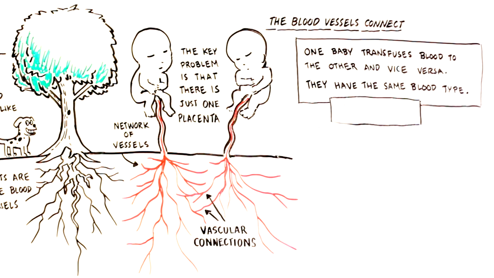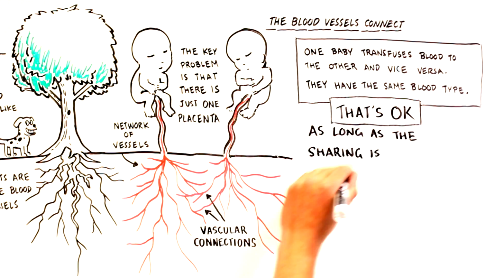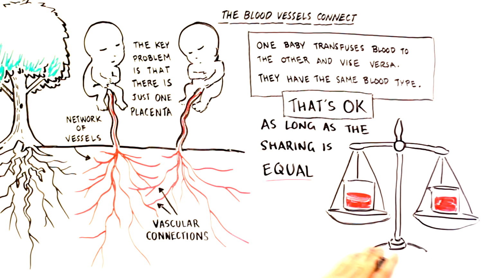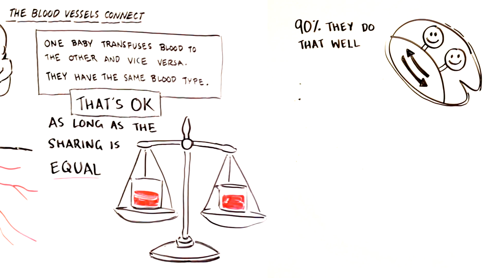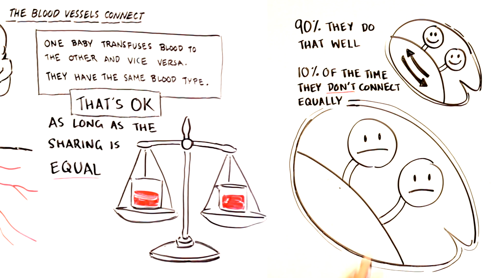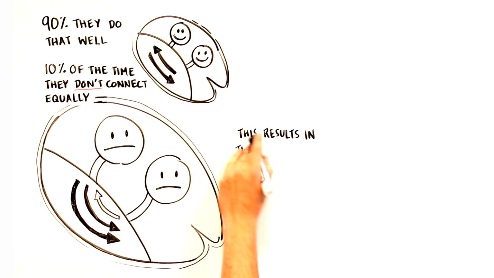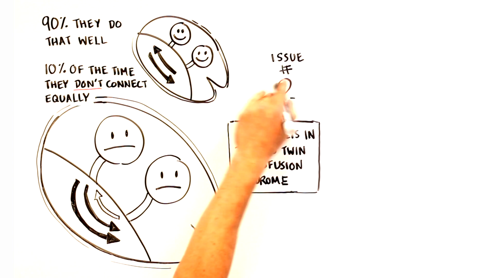And because they're identical and they have the same blood type, that's okay as long as they send the blood back and forth equally. 90% of the time, monochorionic twins do that well. 10% of the time, the blood vessels connect in a way that doesn't allow the blood to go back and forth equally. And that results in TTTS, or twin-to-twin transfusion syndrome, and we'll talk about that separately.